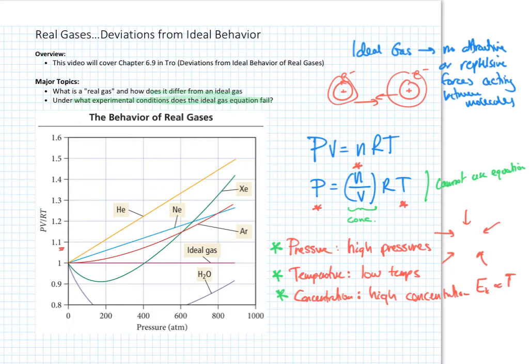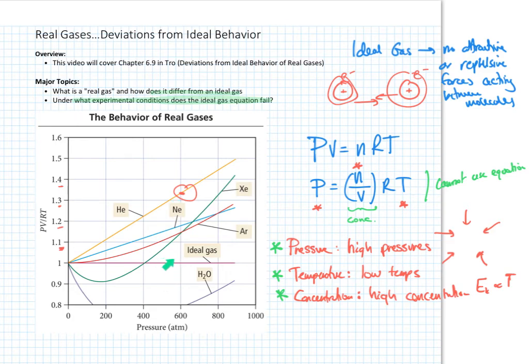This would be a 10% error, this would be a 20% error, this would be a 30% error, this would be a 40% error. So if we were out here at 600 atmospheres and we were using helium, we would see like a 35% error if we used PV equals nRT to do our calculations. So that's clearly not good enough to do a calculation with.